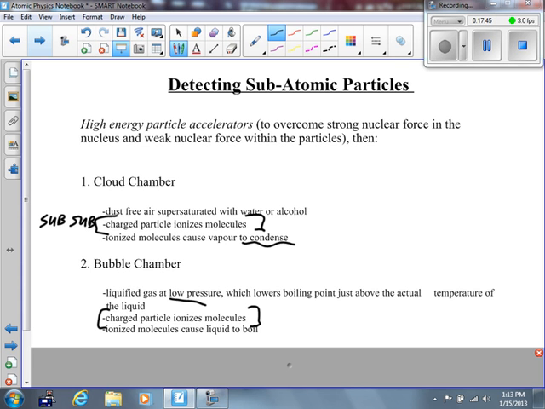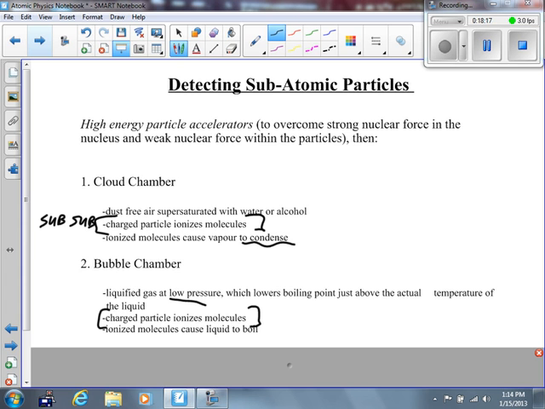So what are we going to follow this time? We're not going to follow a condensation path or a cloud path. We're going to follow a bubble path. When you boil water, you always see those bubbles rising to the top, right? Where this liquefied gas boils, you're going to see bubbles. And it's going to boil as these charged particles go through it. So let's follow the bubble path, and let's learn something about these charged particles that are causing this bubble path.